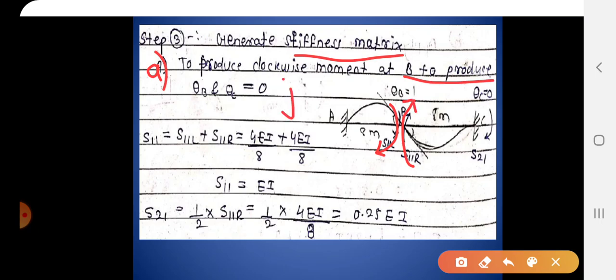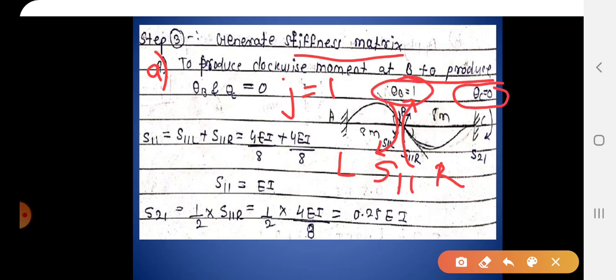Okay, and as this is part A, therefore J is equal to 1. Okay, so this moment at B will be S11, and this will be L and R for BC span.